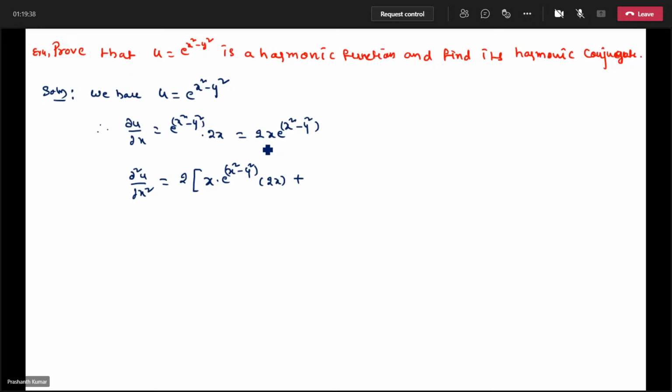So this is 1 into e to the power of x square minus y square. This is equal to 2 times e to the power of x square minus y square into 2x square plus 1.